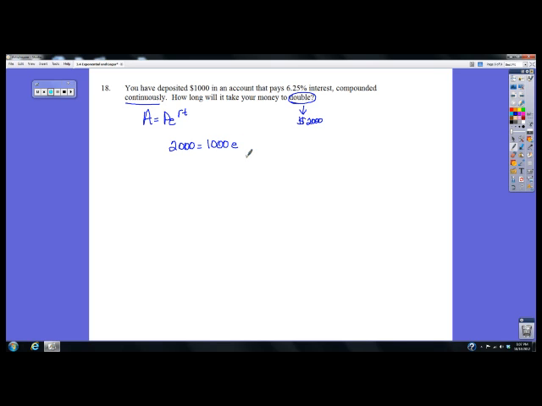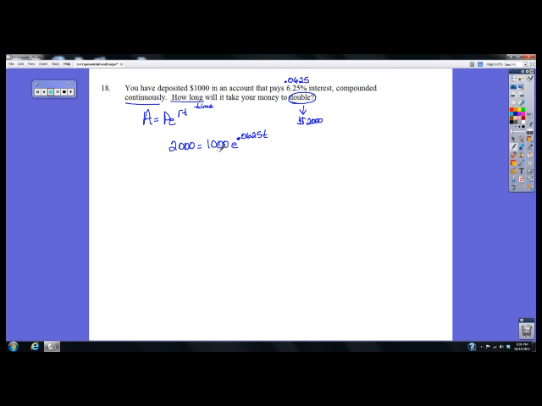E is always just E. Now R is my rate. 6.25% is 0.0625 as a decimal. And then T is time, and that's what we're looking for. We're looking for how long, and that means we are looking for time. So we are going to figure out how long it takes to double.